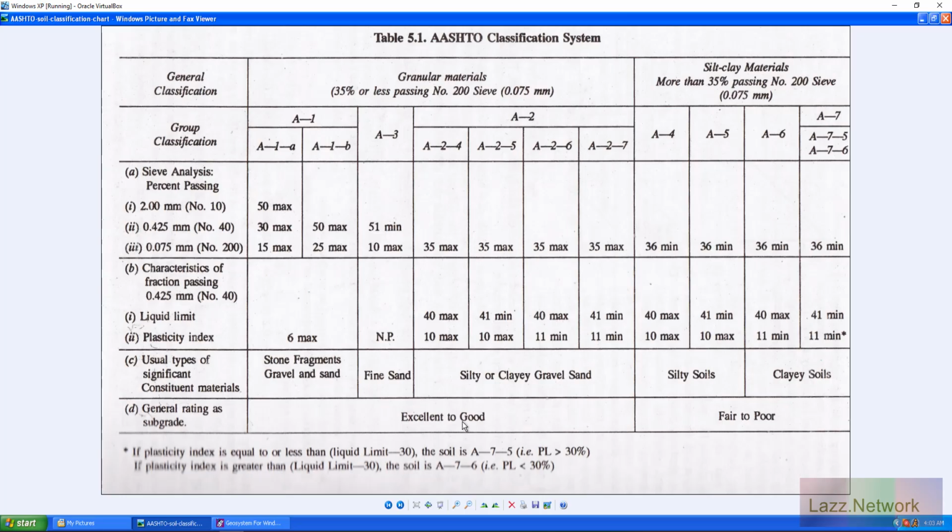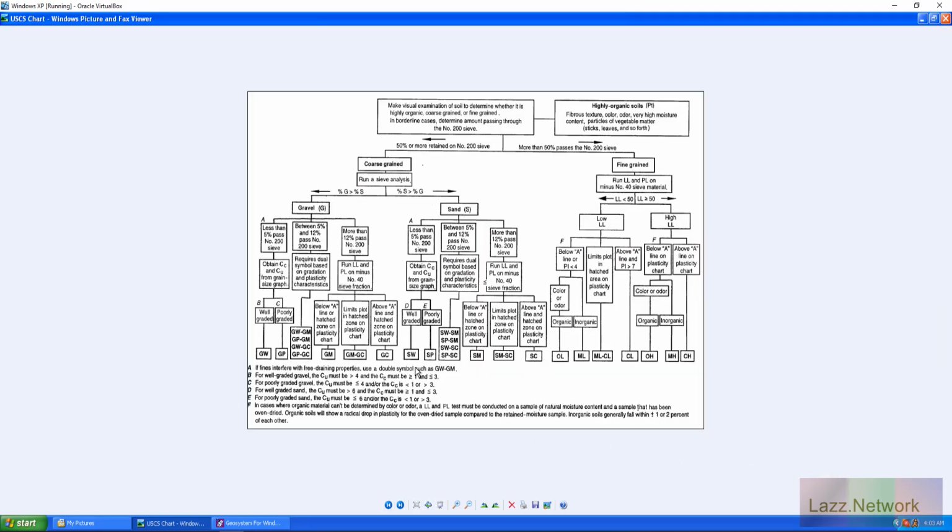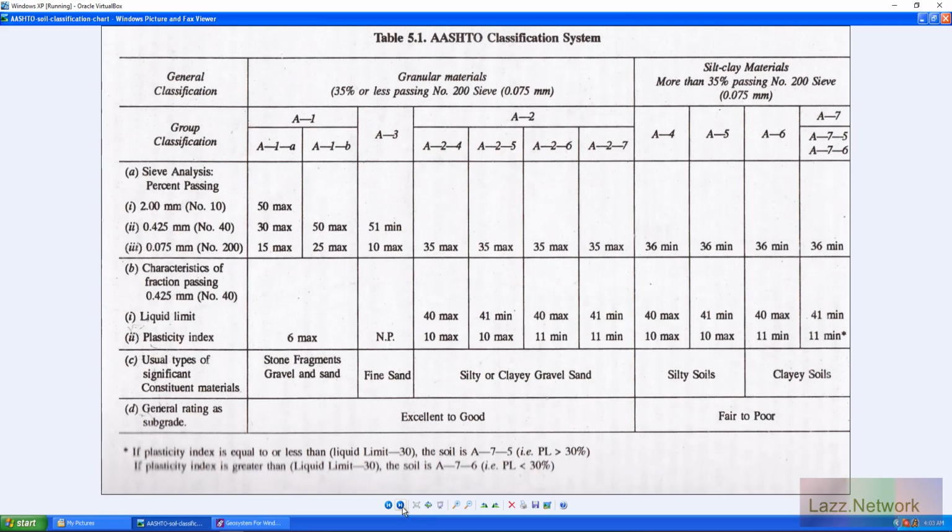That's the other reason why they have that here, as unlike the unified system, it doesn't say what's good or bad, because the unified system covers roadways, structures and buildings, and a much wider variety. Virtually anything that has to do with soil mechanics and general engineering of soils. Unlike AASHTO, which focuses on roads.